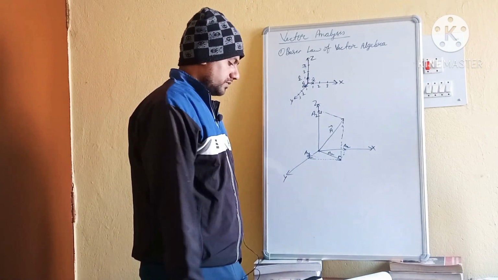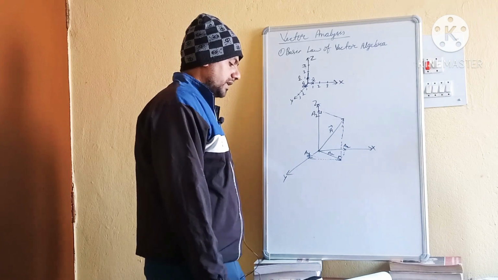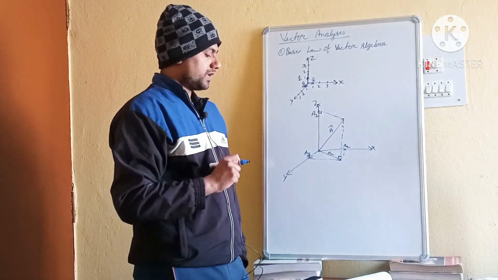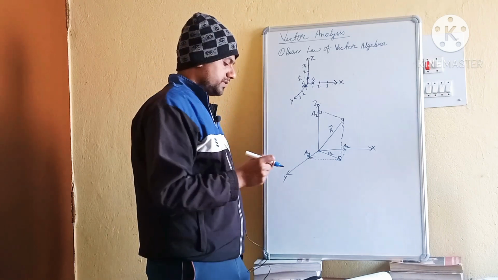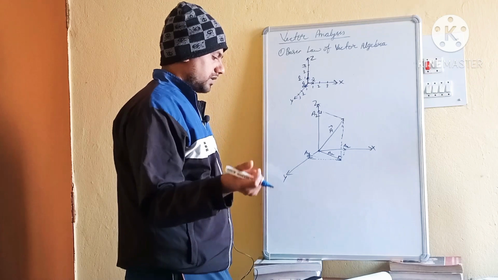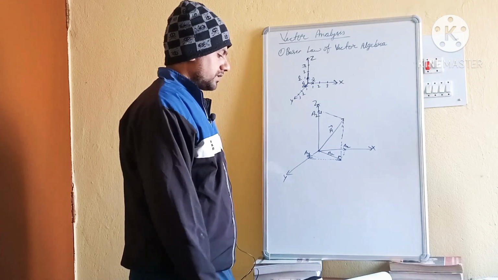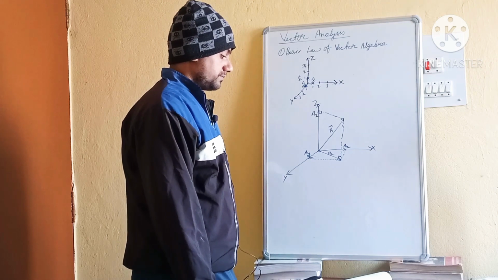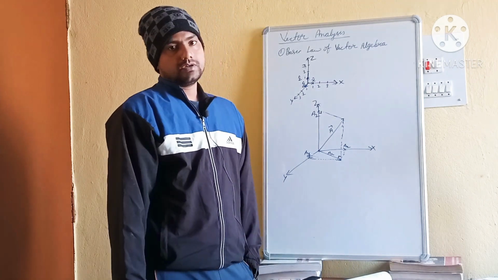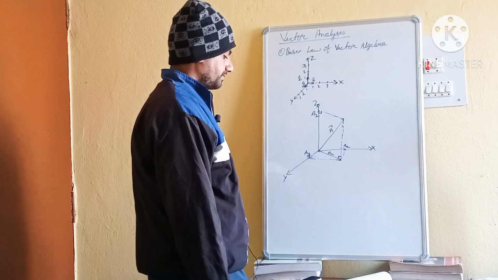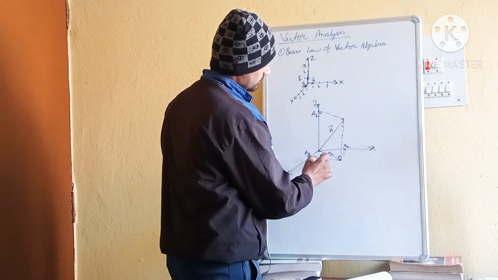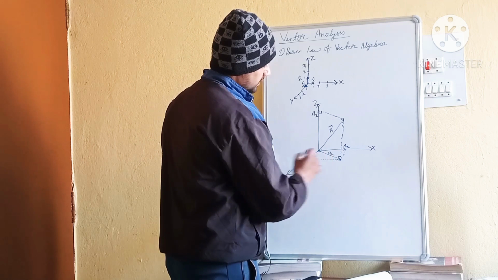Now next we have to find out the magnitude of this vector A. So how can we find the magnitude of this vector A? For that I'm going to use the Pythagoras theorem. You can see this one is a right angle triangle, this one is also a right angle triangle.